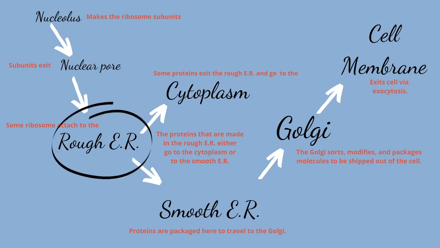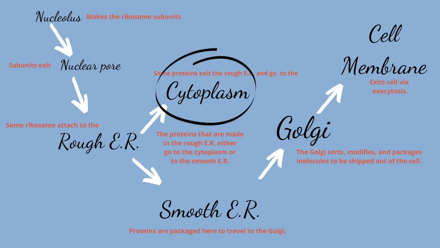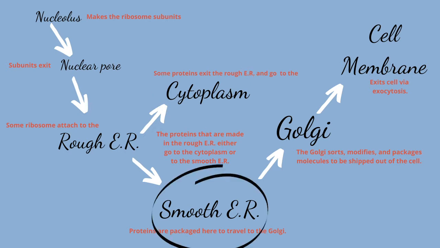The ones attached to the rough ER will make the proteins and either travel through the rough ER and then exit through the rough ER to go to the cytoplasm, or it can travel onto the smooth ER, which is connected to the rough ER, and they can be packaged by the membrane of the smooth ER, and then that will travel next to the Golgi.